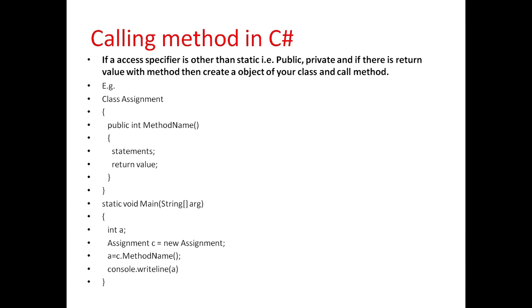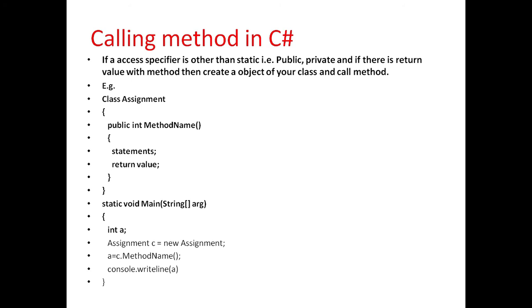If the access specifier is other than static, that is public or private, and if there is a return value with a method, then create an object of a class and then call a method. For example, here a class assignment with a public integer method name and a return value with that method.